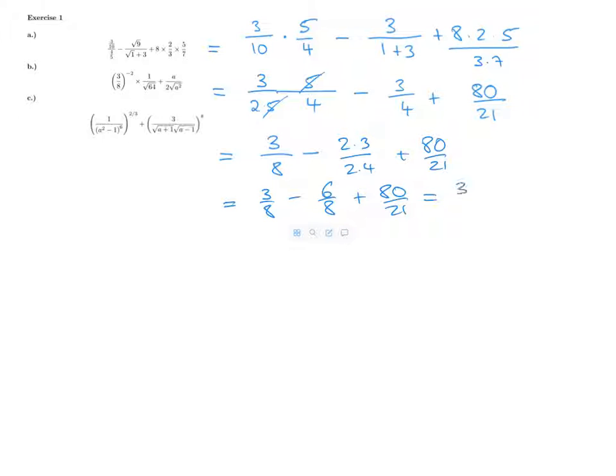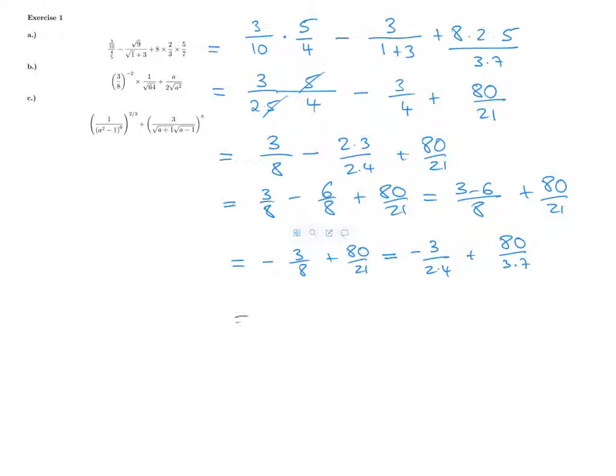So 3 minus 6 divided by 8 plus 80 divided by 21. Now I get here, this is equal to minus 3 divided by 8 plus 80 divided by 21. And now we have to think about a common denominator to add up these two. So this is minus 3 over 2 times 4 plus 80 over 3 times 7.